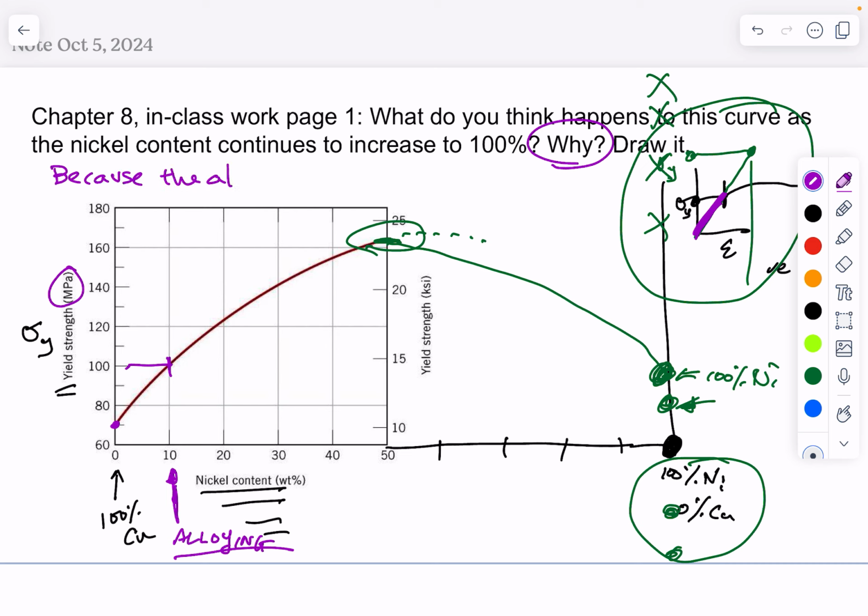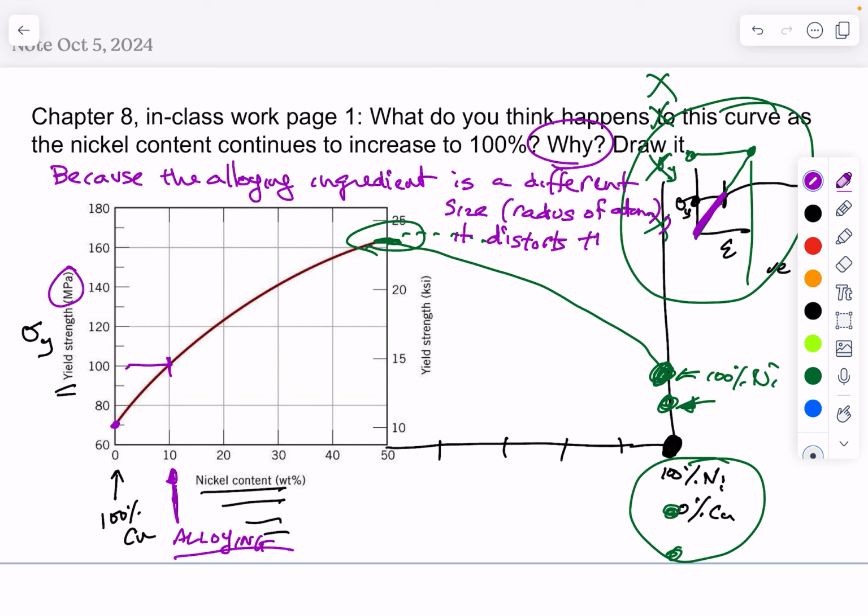and I'm referring to the radius or the diameter of the atom, it distorts the crystal lattice of either pure copper or pure nickel.